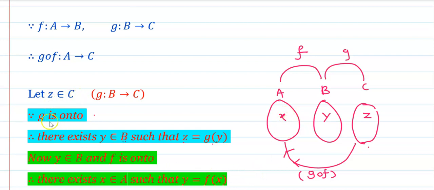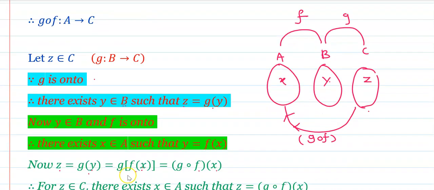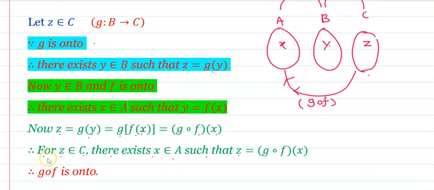In this way, z belongs to C; since g is onto, there exists y in B such that z is equal to g of y. Now y is in B, and f is onto, therefore there exists x in A such that y is equal to f of x. Now z is equal to g of y, but y means f of x, and hence g o f of x. Therefore for z belonging to C, there exists x in A such that z is equal to g o f of x, and therefore g o f is onto.